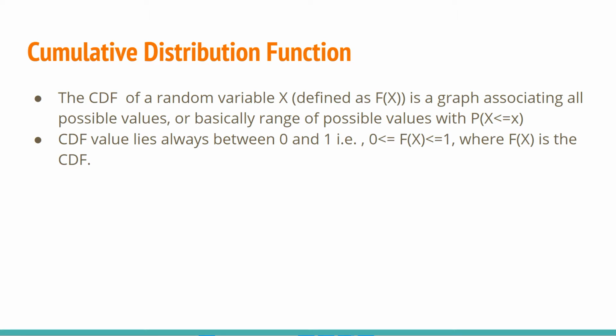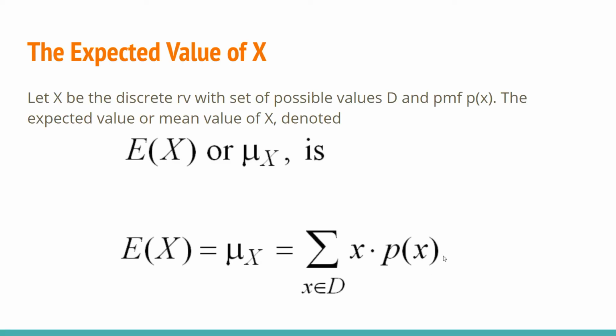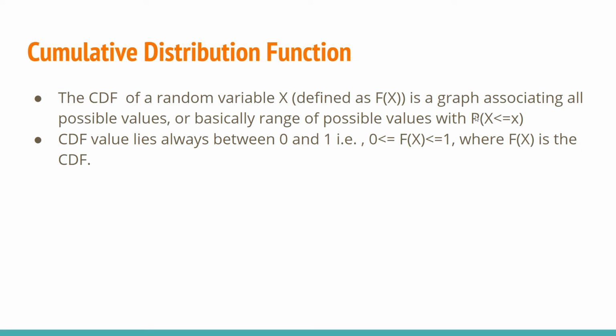This is the philosophy, and we denote this cumulative distribution function by the function capital Fx, and the symbol is very simple. It is P. As it was P(X = x) in our PDFs, and in PMFs, we have P(X <= x) in our CDFs.